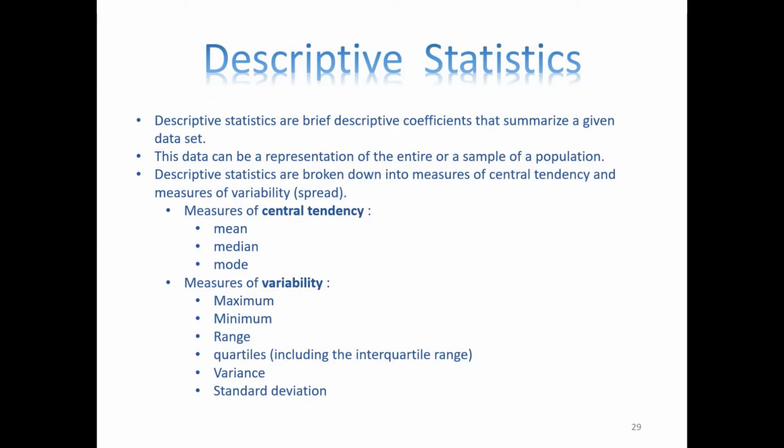The measures of central tendency are mean, median, and mode, while the measures of variability are maximum, minimum, range, quartiles, variance, and standard deviation. We will learn about these measures of central tendency and measures of variability in a while.